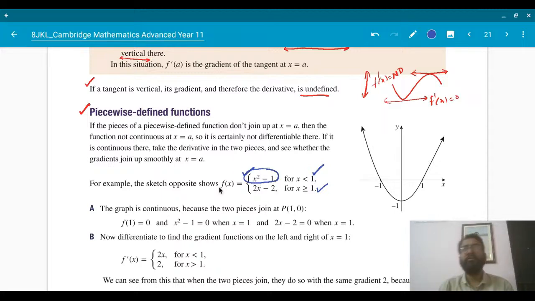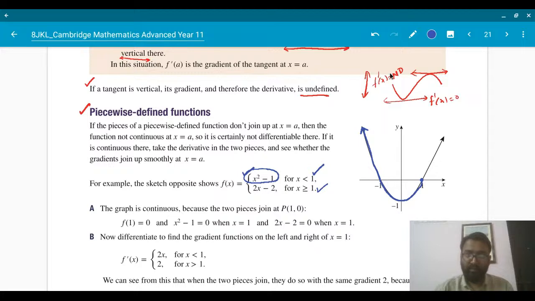Do you know what the graph representation of x squared minus 1 is? It's a parabola. Until 1, it's a parabola.